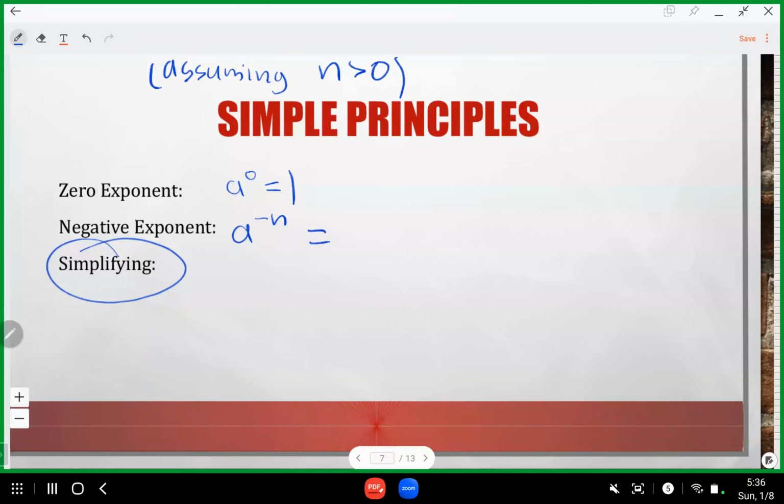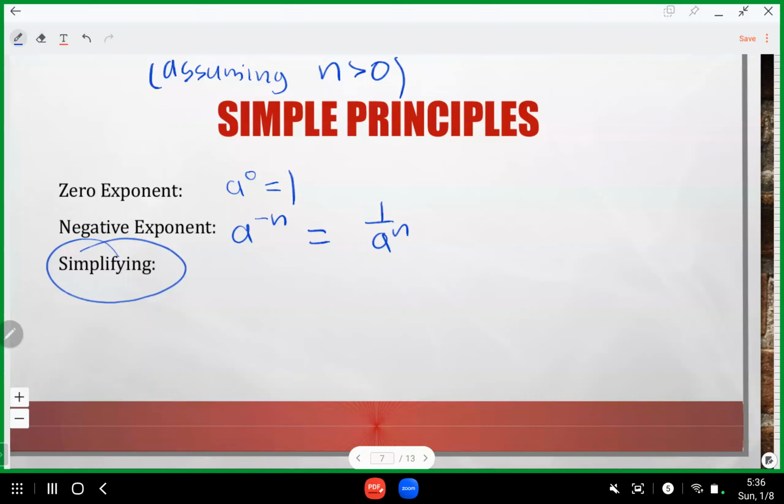Something to the negative n would be the reciprocal of that, right? It would be the reciprocal of that to the n. Okay, so a to the negative n would be equal to 1 over a to the n, right? So then b to the negative n is just 1 over b to the n.